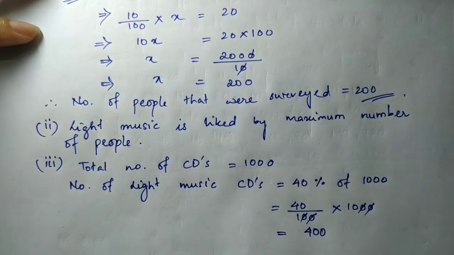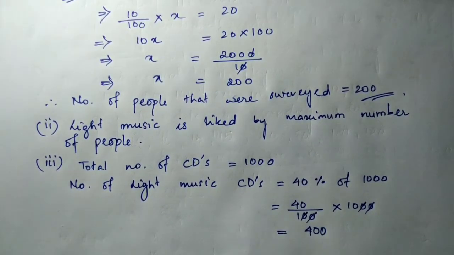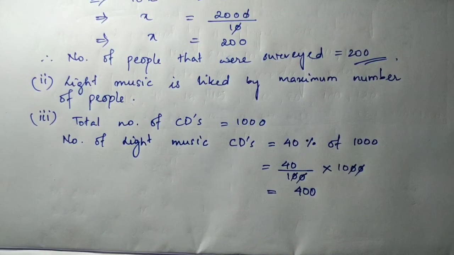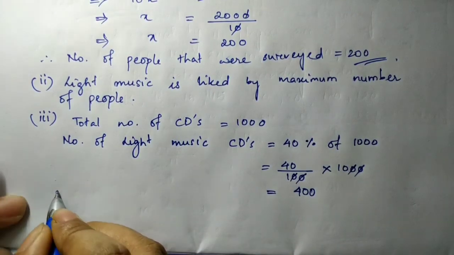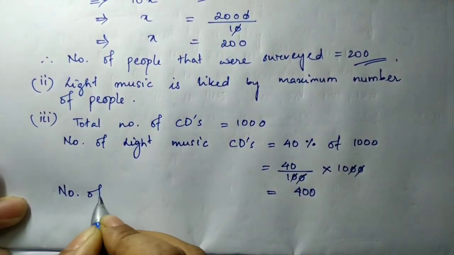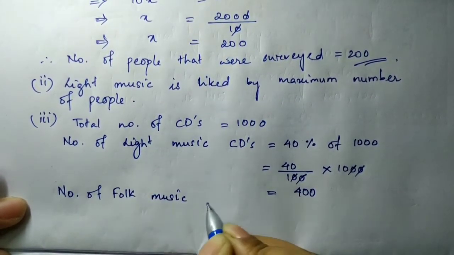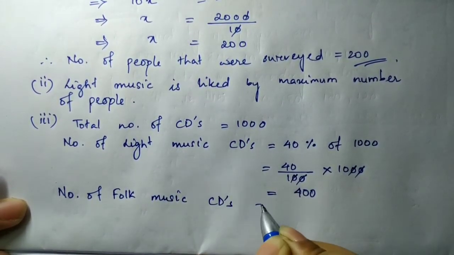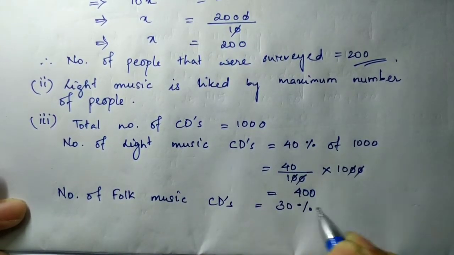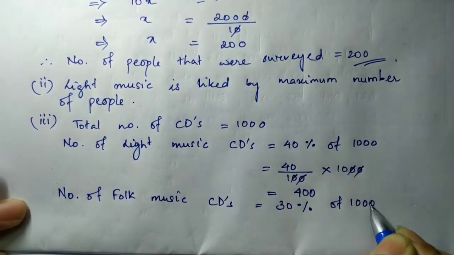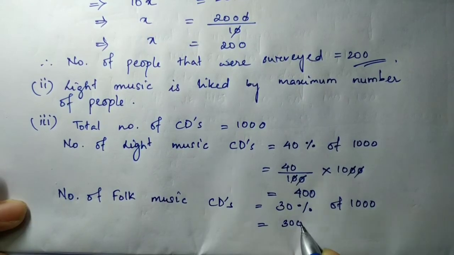Similarly, we will find it for the different categories of music. Next, the number of folk music CDs. Folk music was 30%, so 30% of 1000, 30 by 100 into 1000.